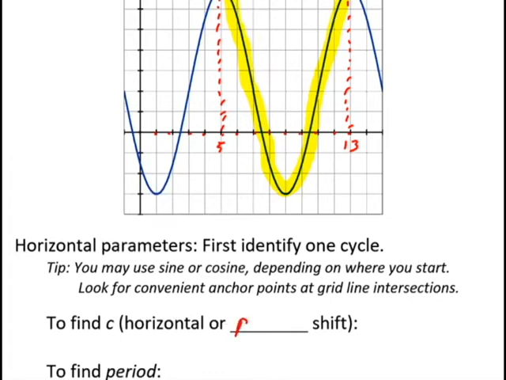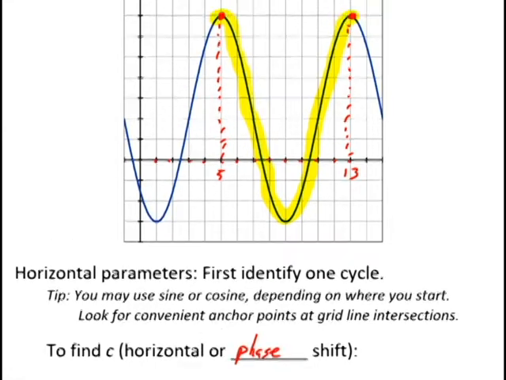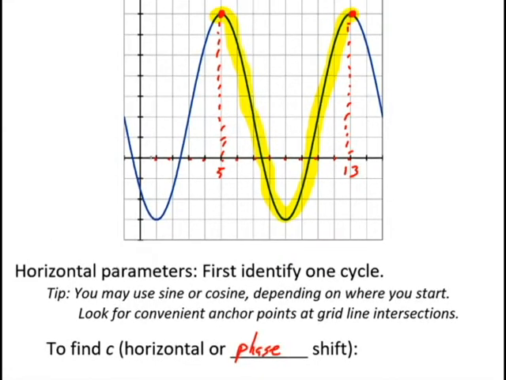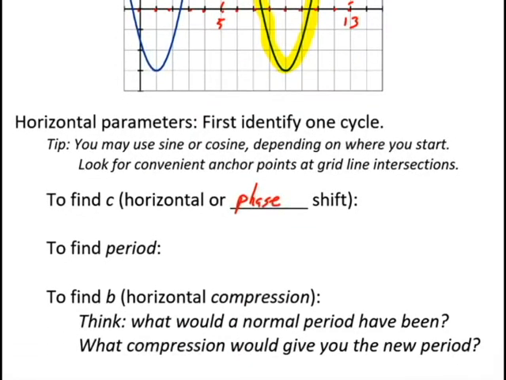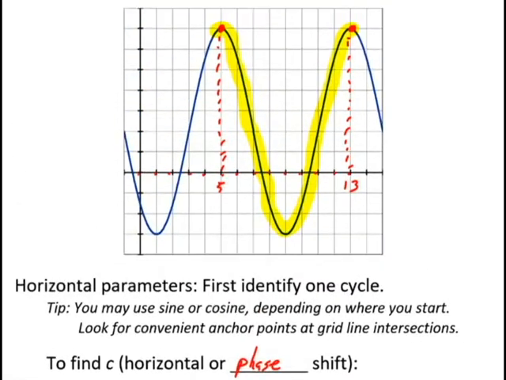The phase shift is simply the beginning of where the curve starts. This is a cosine curve that's been shifted over 5 units. Normally cosine would start at x equals 0. Now it's starting at x equals 5. Therefore, all this depends on is the beginning of our highlighted cycle.